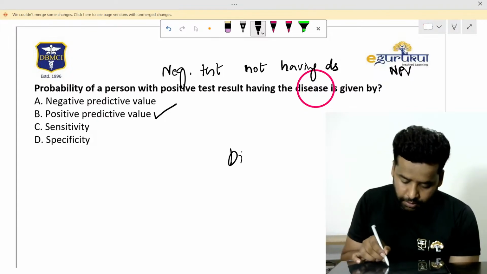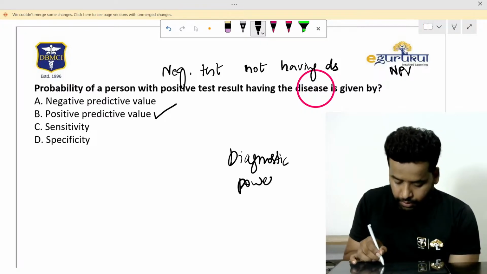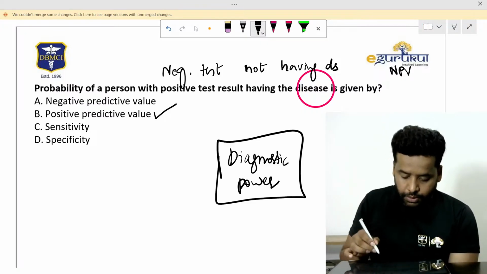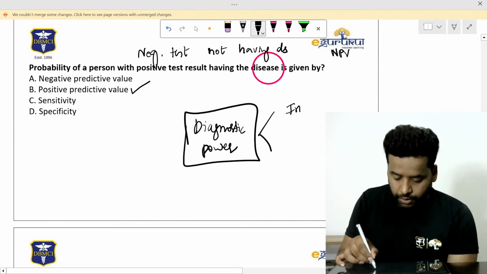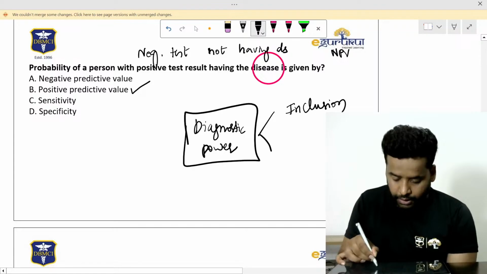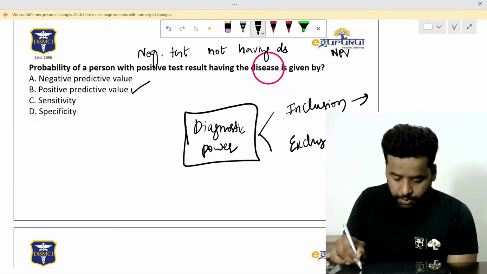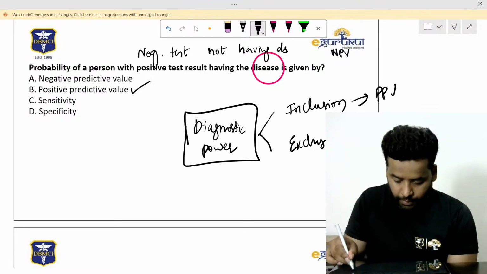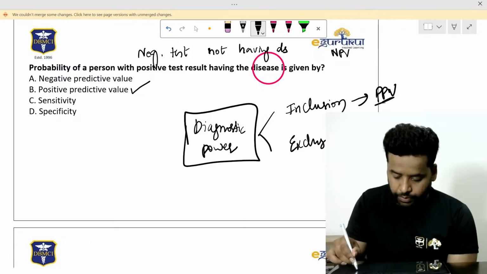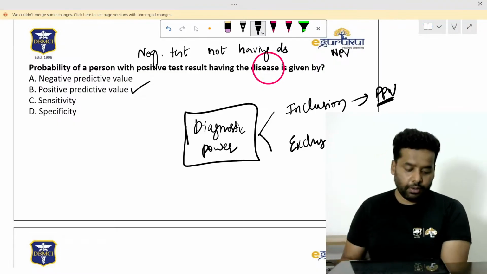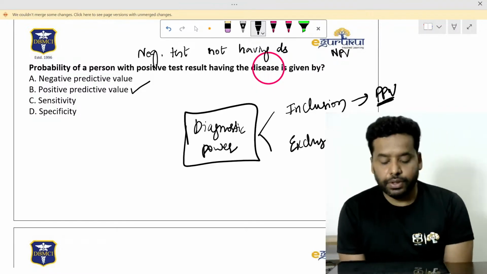So for the diagnostic power of a test, one is for inclusion, the other is for exclusion. For inclusion it is positive predictive value, for exclusion it is negative predictive value.